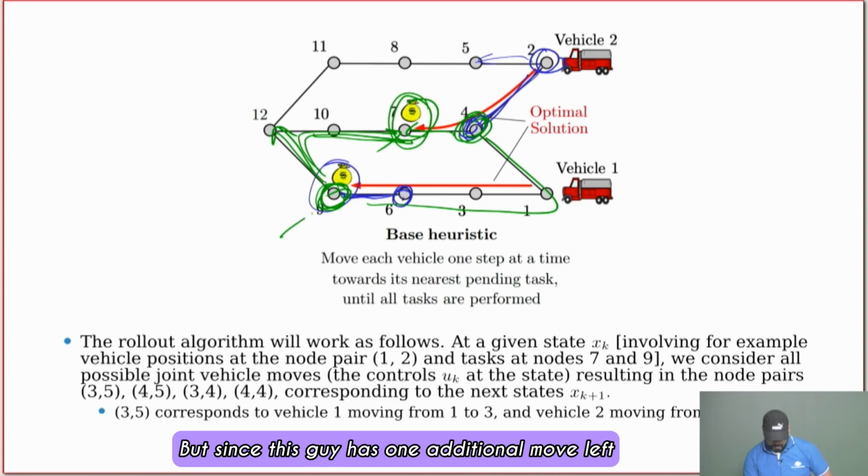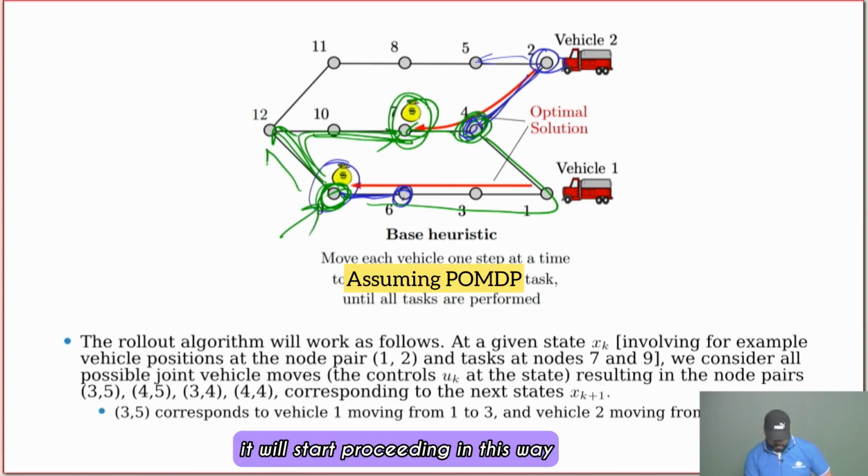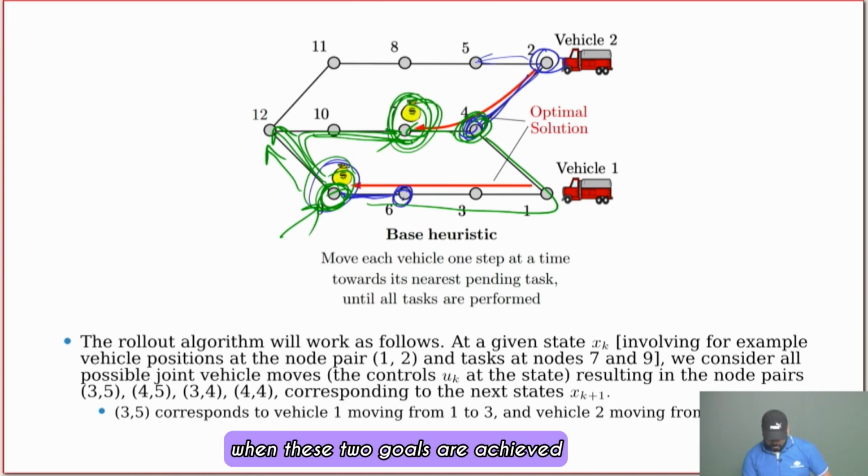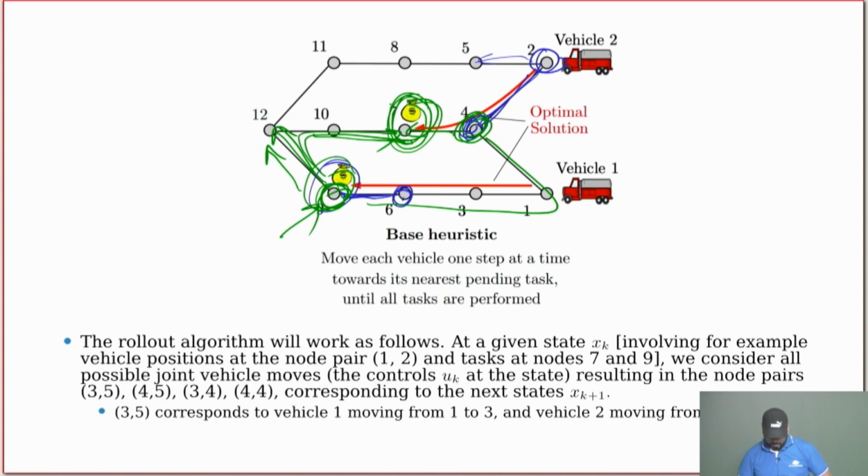But since this guy has one additional move left, it will start proceeding in this way. Whereas this is done, it will later discover that this is already taken. But as far as rewards are concerned, we will look at when these two goals are achieved. So in those many moves we will say that this is done.